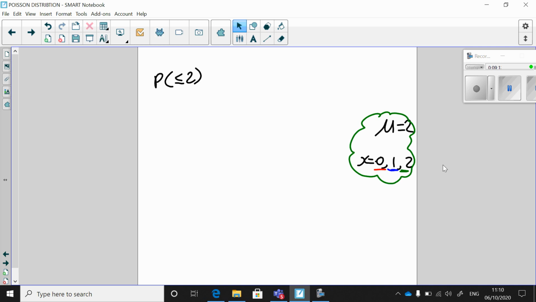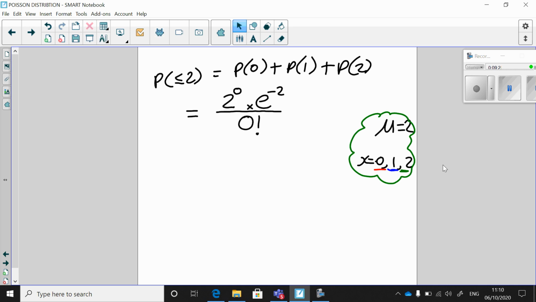So there you go. I've got my mean of 2 and my 3 x values of 0, 1 and 2. You can see your 3 probabilities. I'm putting them into my Poisson formula, one at a time. Notice that they're very similar.